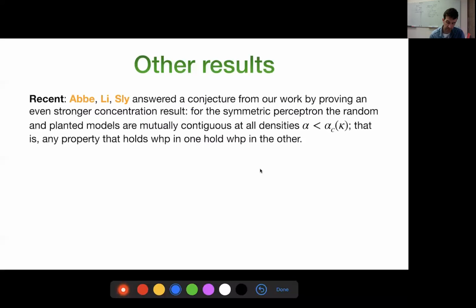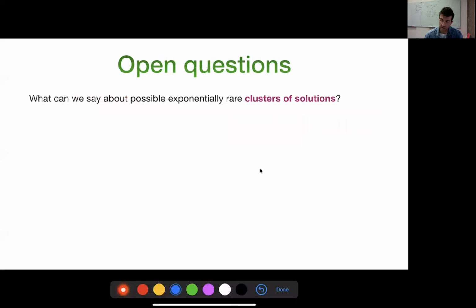They proved that these models are mutually contiguous, and they determined the limiting distribution of the number of solutions. Quite an interesting argument. They proved it using some adaptation of the small subgraph conditioning method, where we use this new martingale argument.